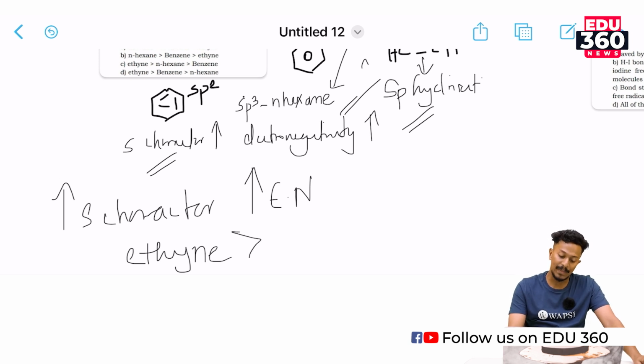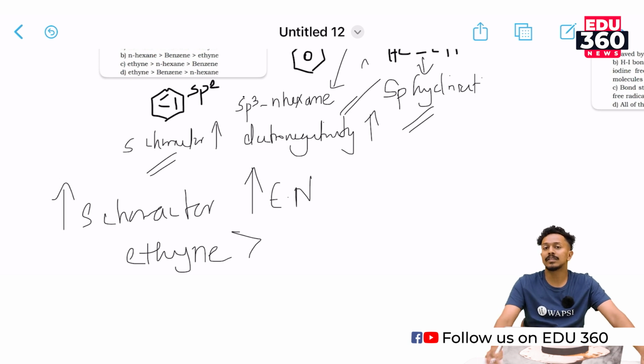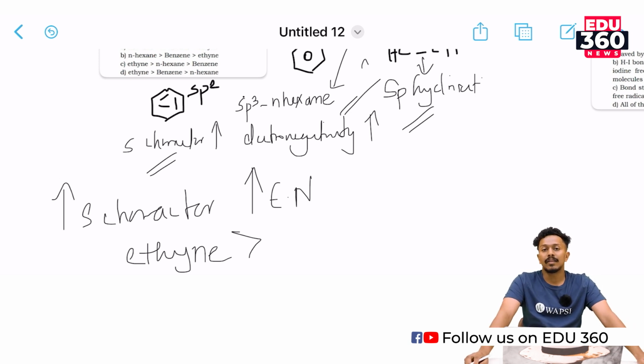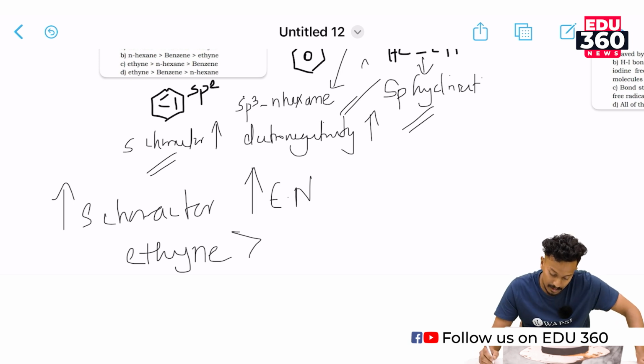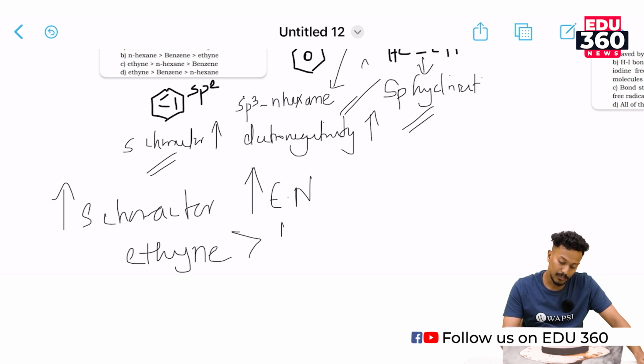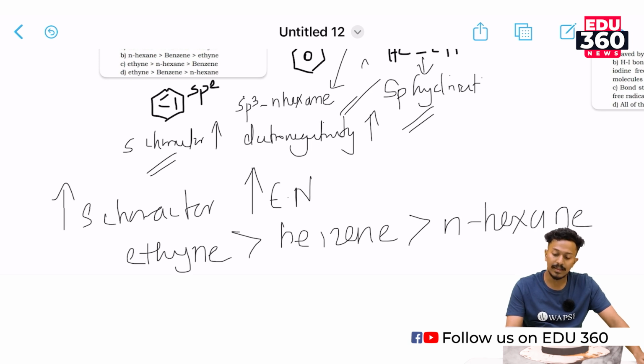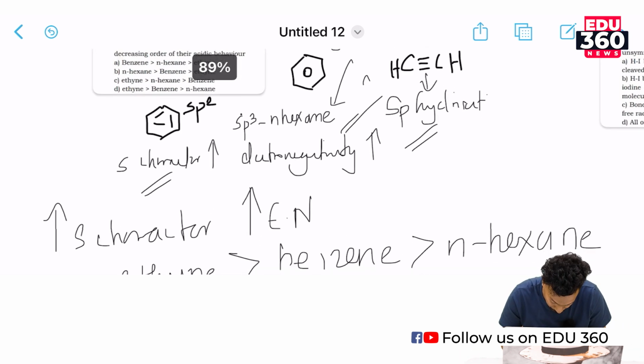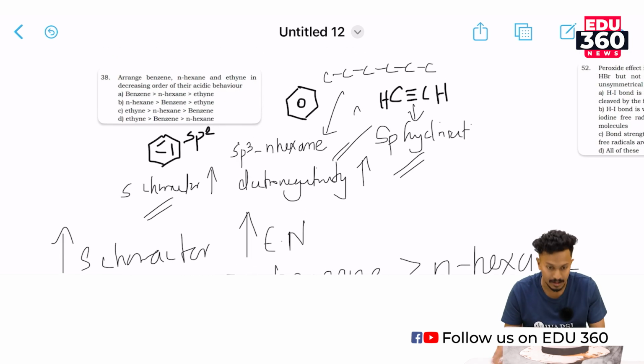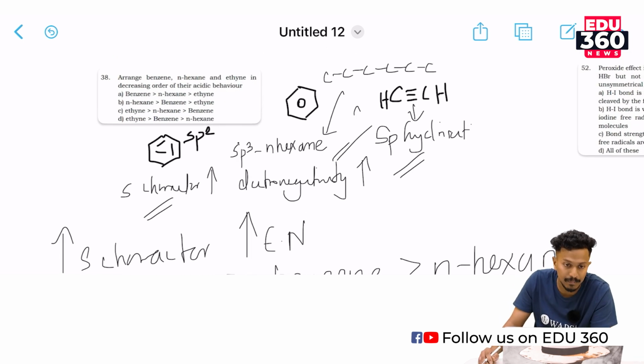Then benzene, with sp2 hybridization, has lesser s character than ethane and more than normal hexane. Benzene comes second, and third is normal hexane with sp3 hybridization and lowest s character. So the order is ethane, benzene, normal hexane, which is option D.